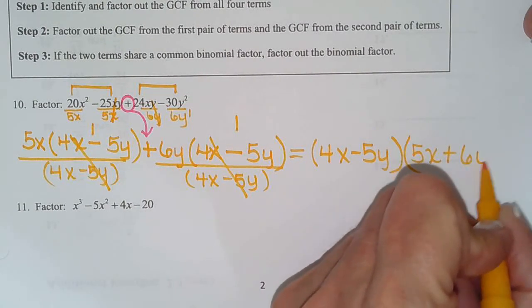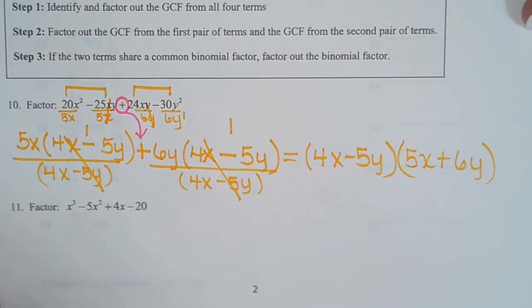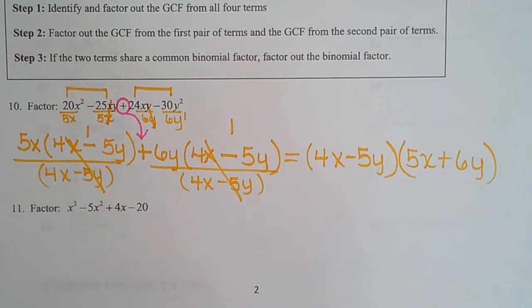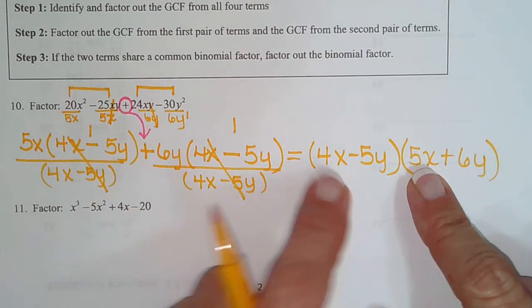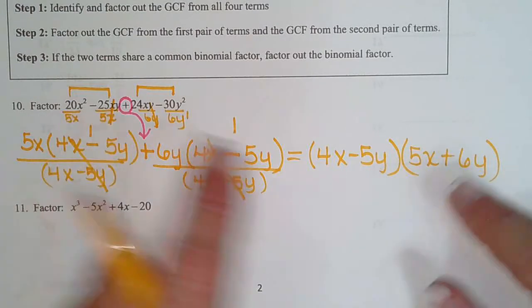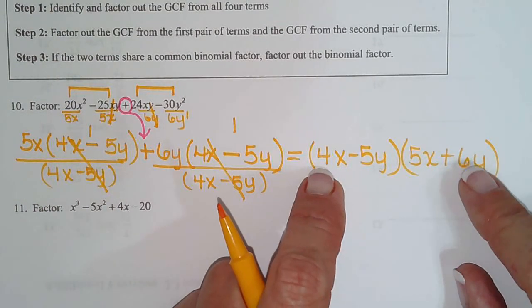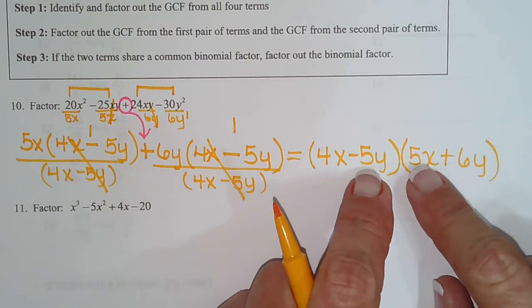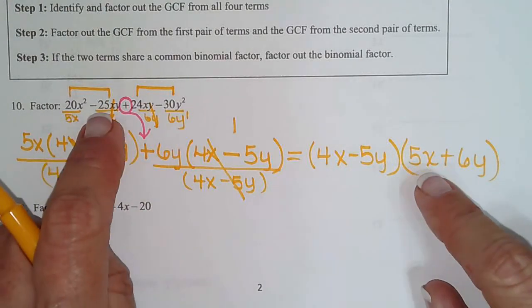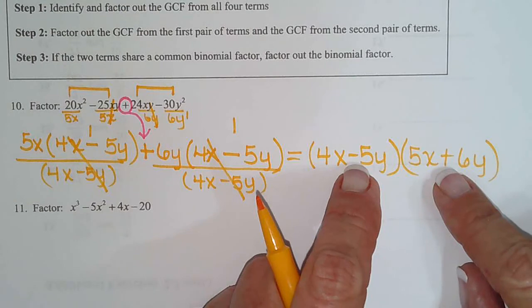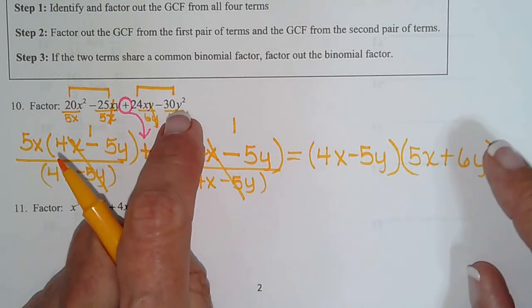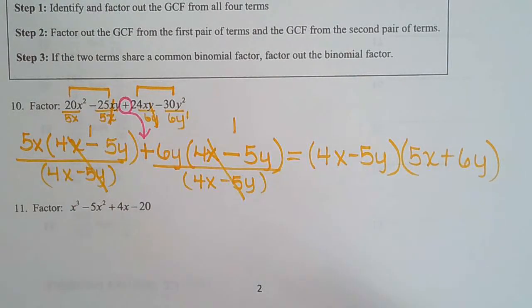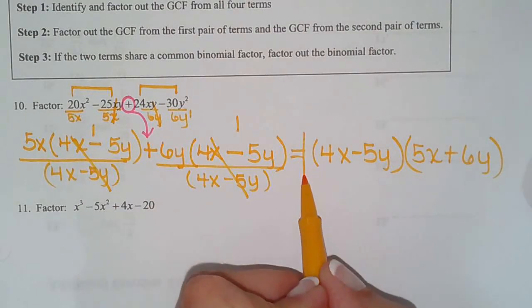And remember how I told you can always check these? So on these, you'll check by foiling. 20x squared, boom, there it is, outer, plus 24xy, there it is, minus 25xy, there it is, minus 30y squared, there it is. Remember how I said you can check every one of these?